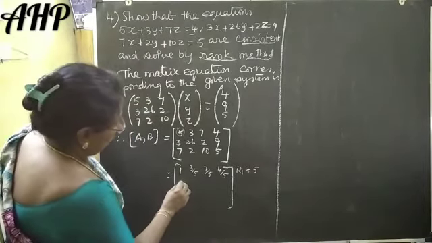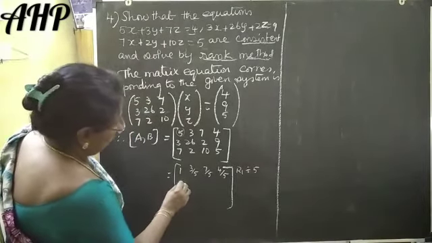Now next our aim is to make the first element of the second row 0. So this will be equivalent to 1, 3 by 5, 7 by 5, 4 by 5.